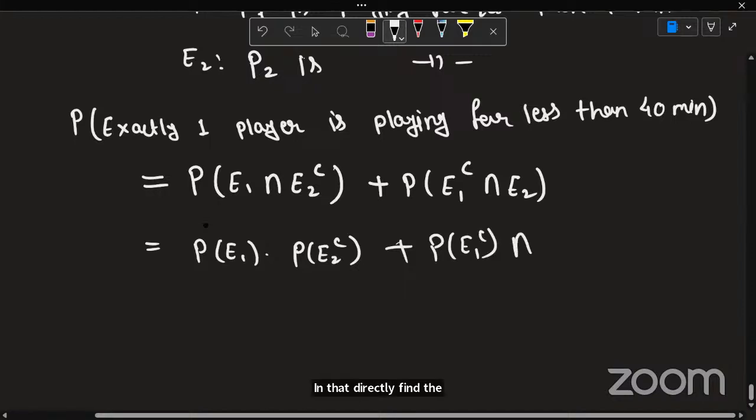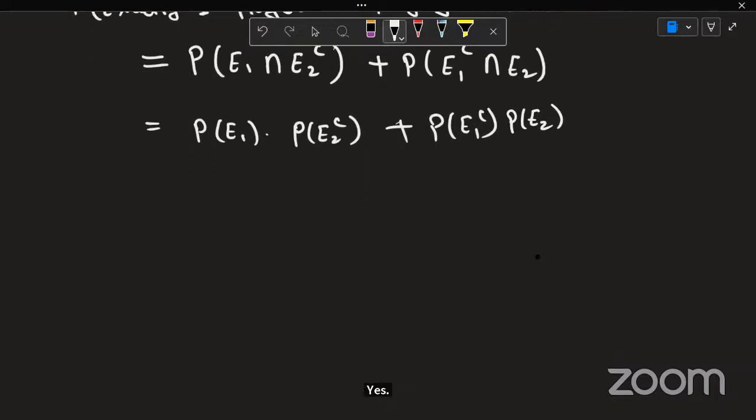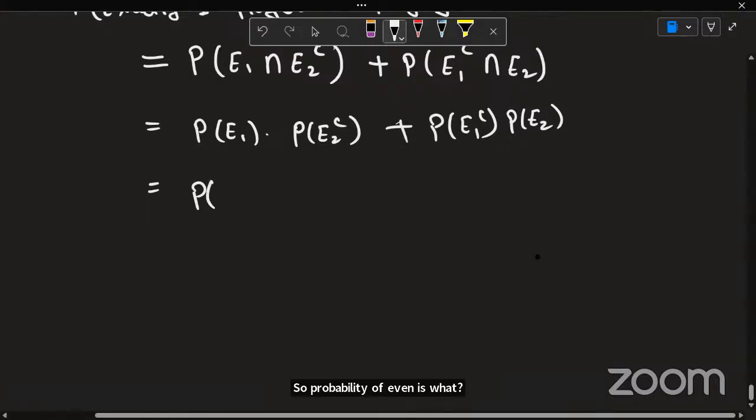So what will be the complement part? They are taking more than 40, right? Yes. Probability of E2. So probability of E1 is what? It is probability of X less than 40, right? Multiplied by E2 complement. That means it's taking more than 40 minutes.